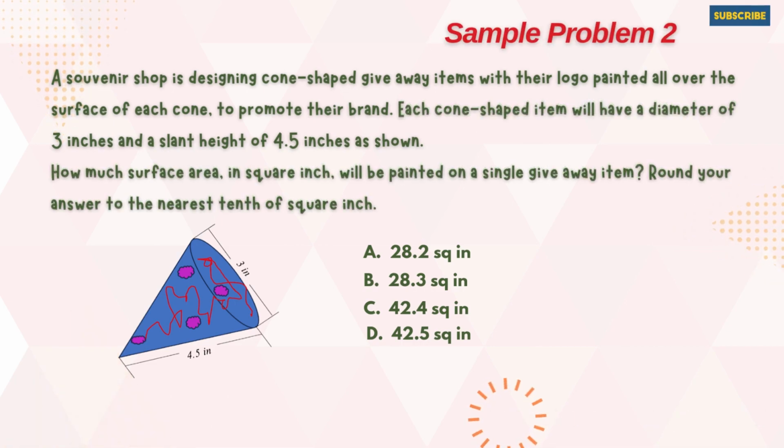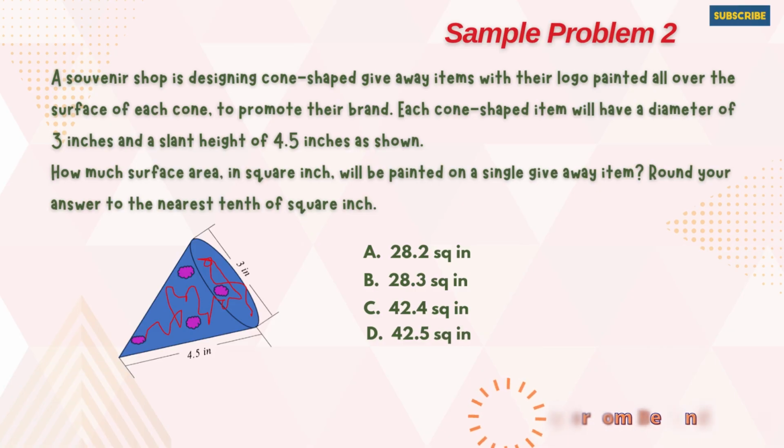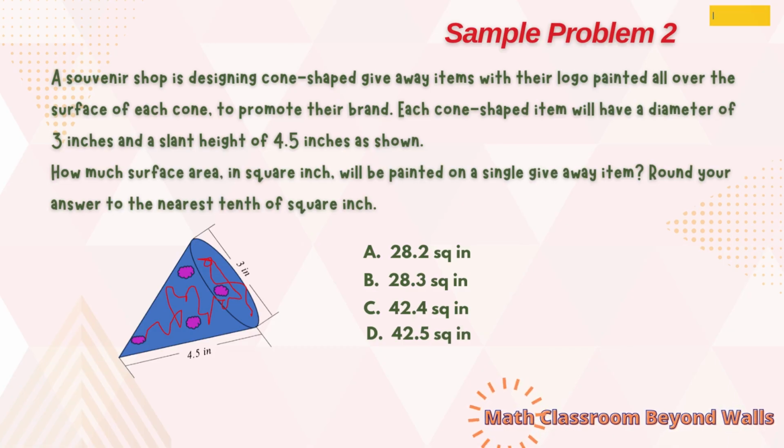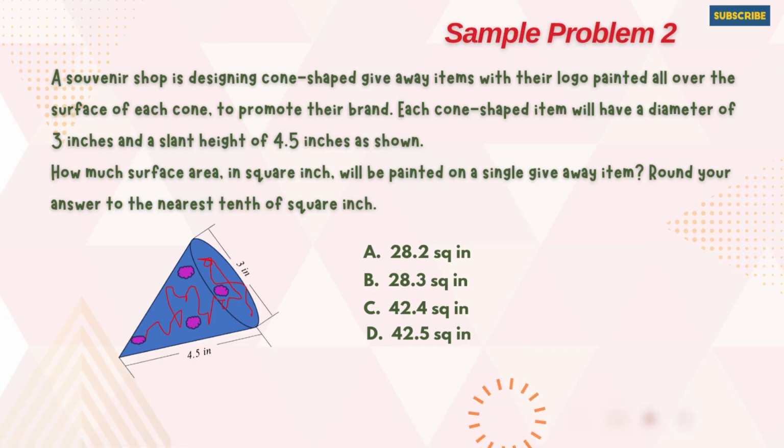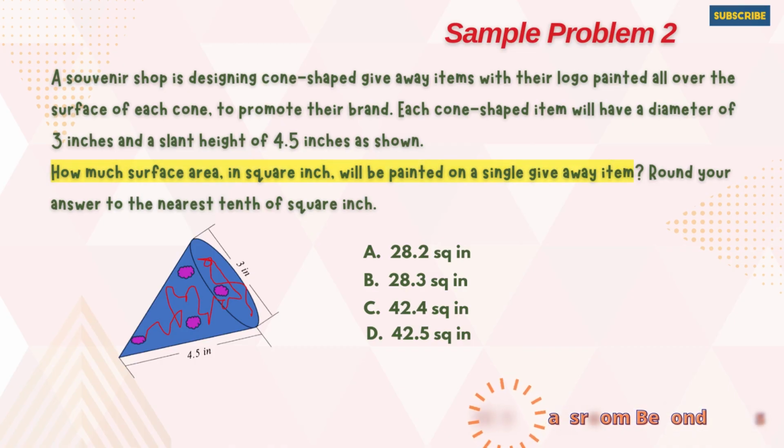As usual, we begin by reading the whole problem and may read it several times when needed to know what we're looking for, to determine what are given, and to figure out how the given information help find what we're looking for. Okay, what is asked in the problem, learners? Here, we're asked to find the surface area in square inch that will be painted on a single giveaway item.